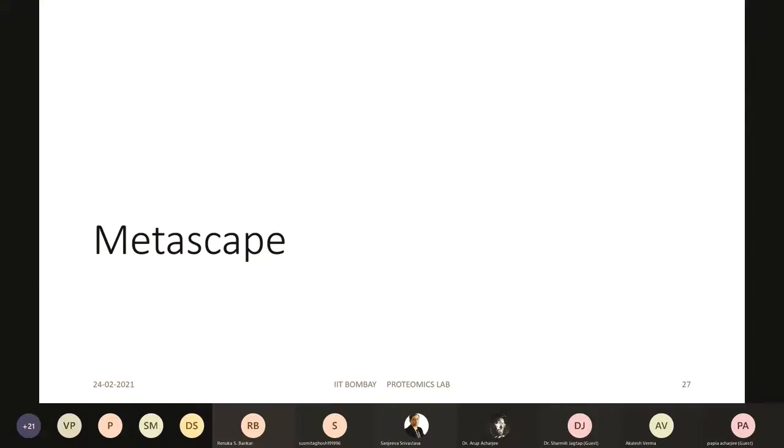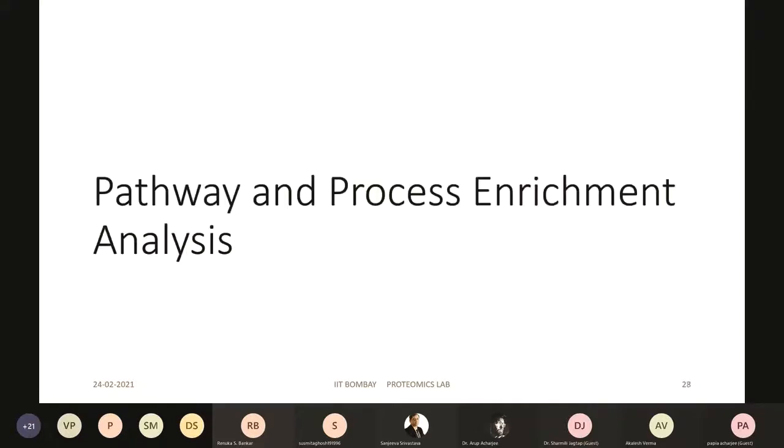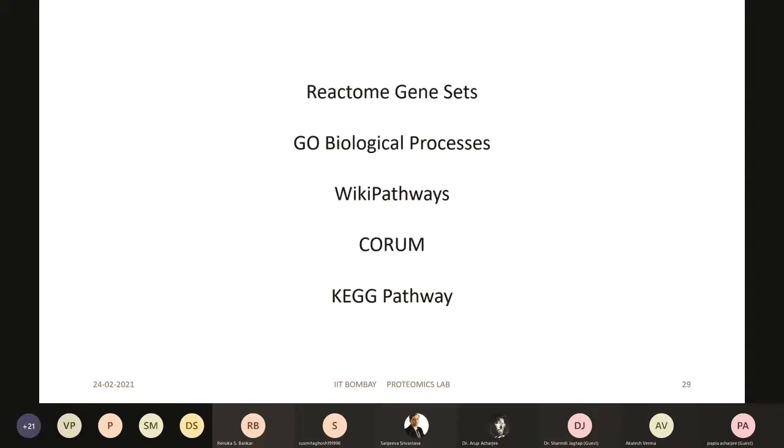So Metascape does the same thing. For pathway and process enrichment analysis, Metascape actually uses multiple gene sets. So there is a Reactome gene set, there is the Gene Ontology biological process, there is WikiPathways, there is KEGG pathway. So although you're running a single analysis, what this software allows you to do is run multiple parallel analyses using the same data set.